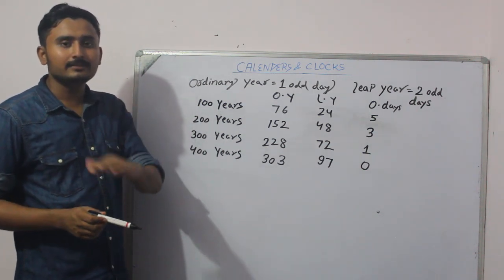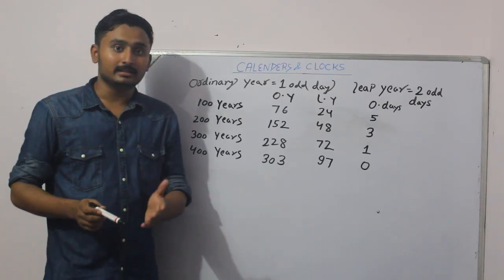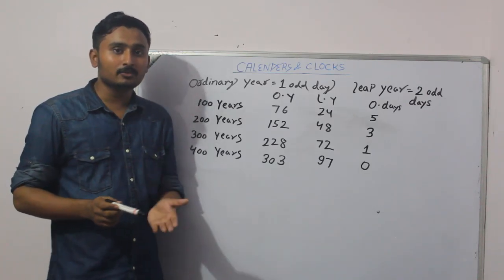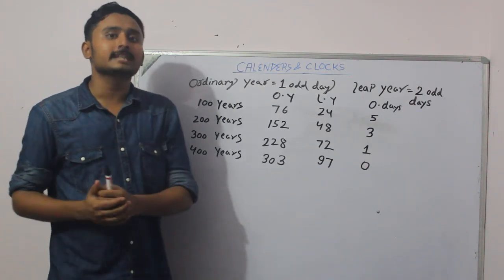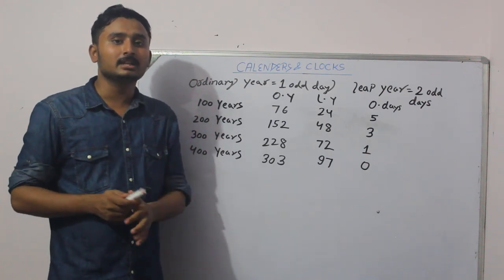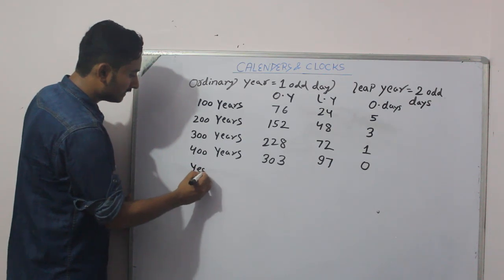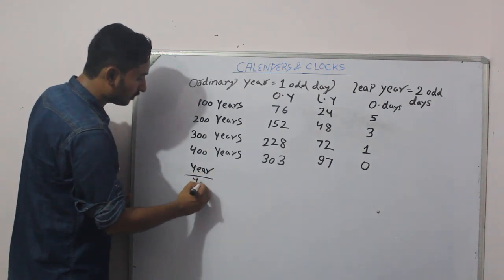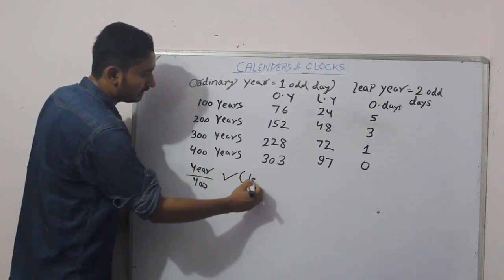A year divisible by 4 is a leap year when it is not a century. But if it is a century year, then it must be divisible by 400 to be called a leap year.